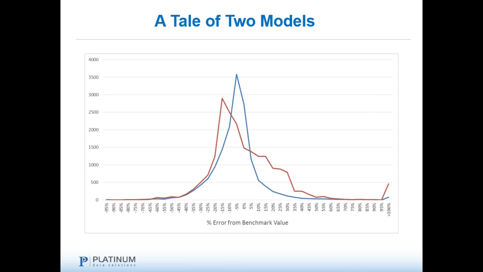Model B, the red line, is a different situation. This model, as you can see, the peak occurs at about negative 15%, is undervaluing by 15% or so in the most common scenario. But it also has this situation to the right where there are a lot of properties in this sample where it overvalued by 15 or 20 or 25%.